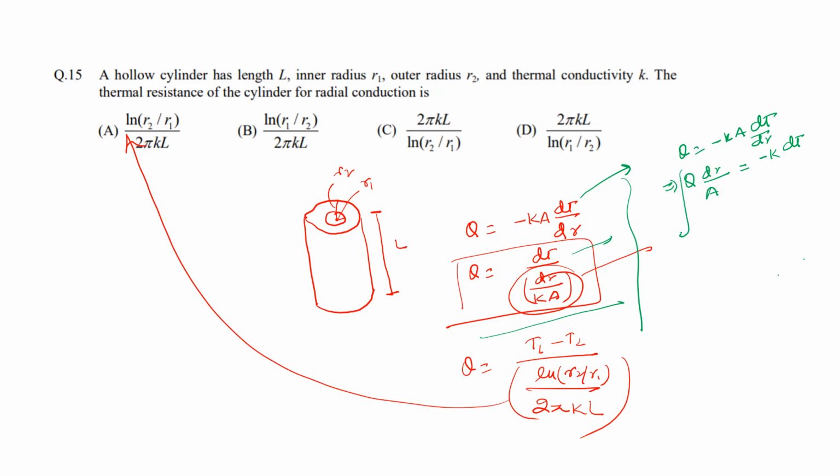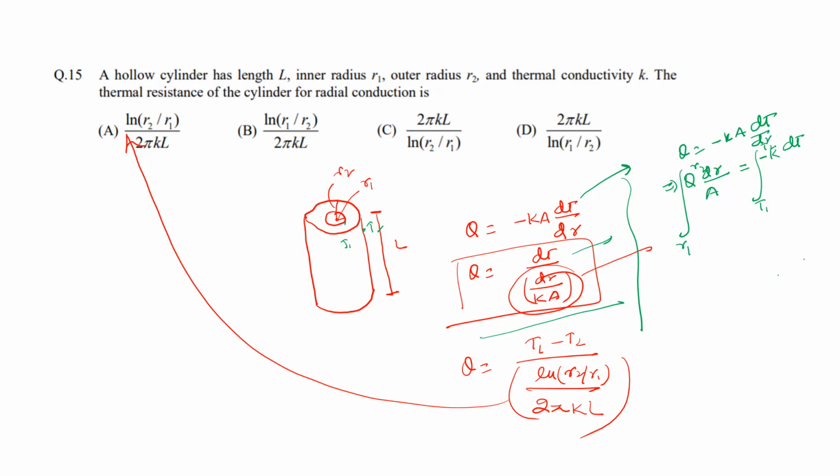Now you have to integrate in the next step. The dr upon area will be integrated from radius R1 to radius R2, and similarly the inside temperature is suppose T1 and the outside temperature T2, so you integrate from T1 to T2.